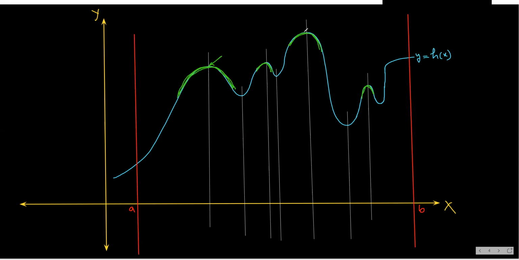And those points where the function has such a shape, see this one, it is known as the point of local minimum. These are all local maximums and local minimums.